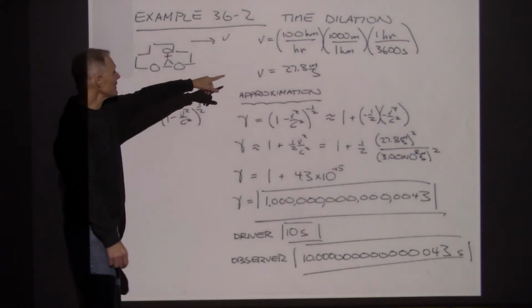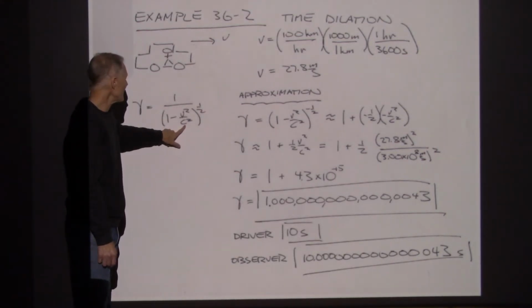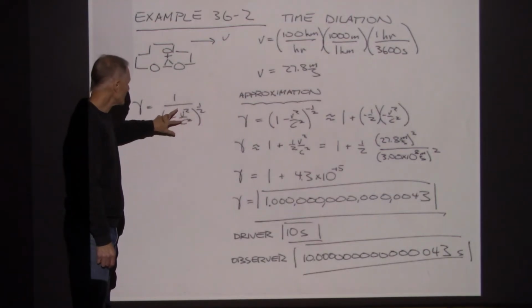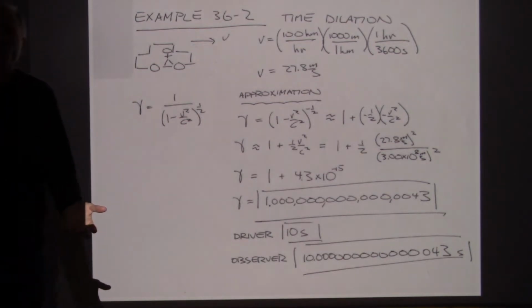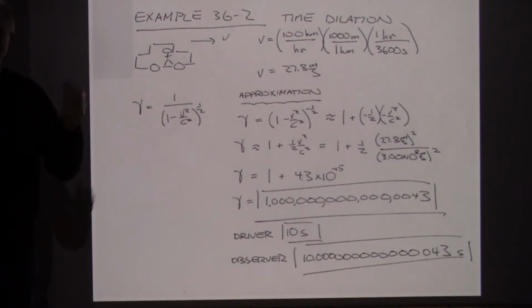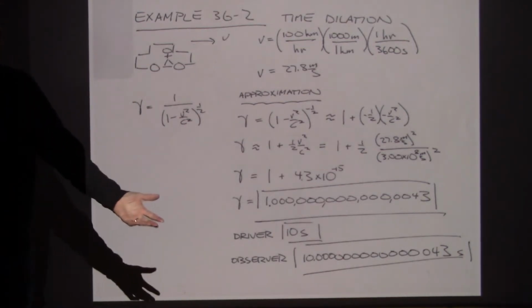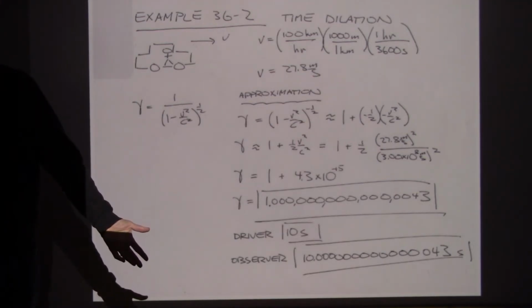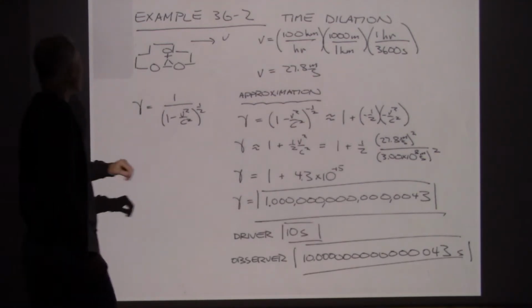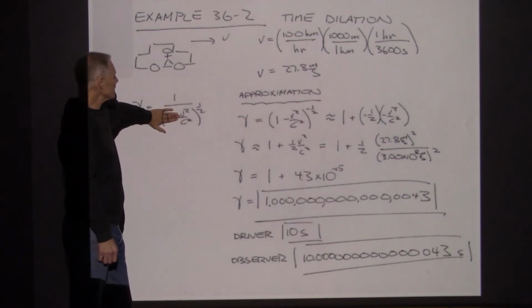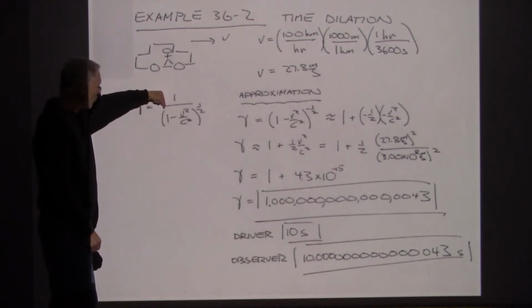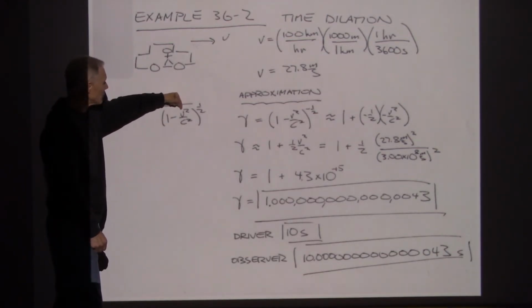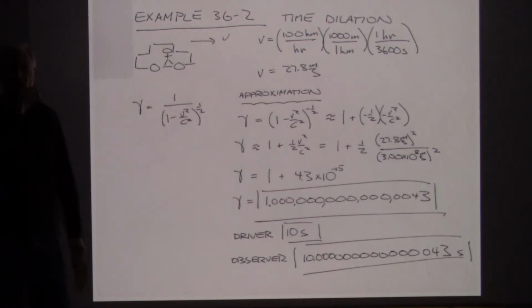When I plug those in my calculator, you guys can try this: I take 27.8, divide by 3 times 10 to the 8th, and square it, and my calculator says 0. Actually, let me back off there. I think at this point the calculator goes to scientific notation, but it's something really, really tiny. And then when we take 1 and subtract that tiny number off, it reports back 1.